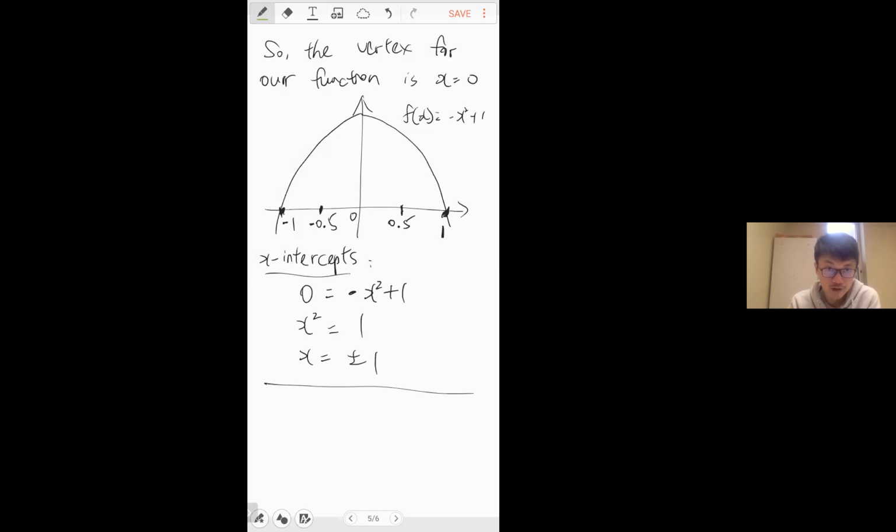Remember that for overestimate, I need to pick the higher point of the two. So -1 and -0.5, which one is higher? -0.5. So your rectangle should look like this. Does it make sense to everyone?